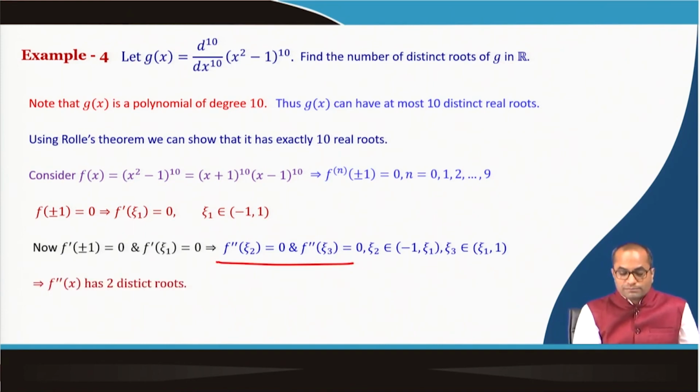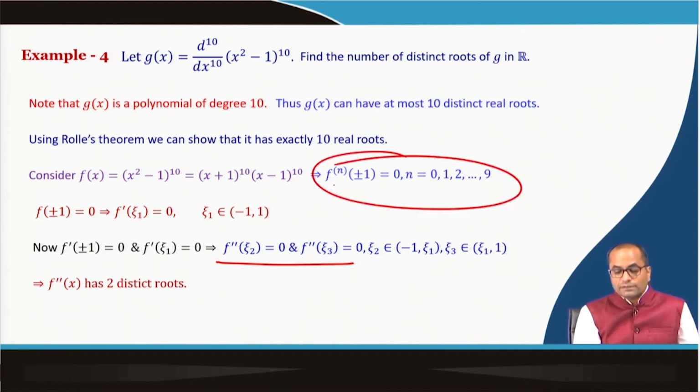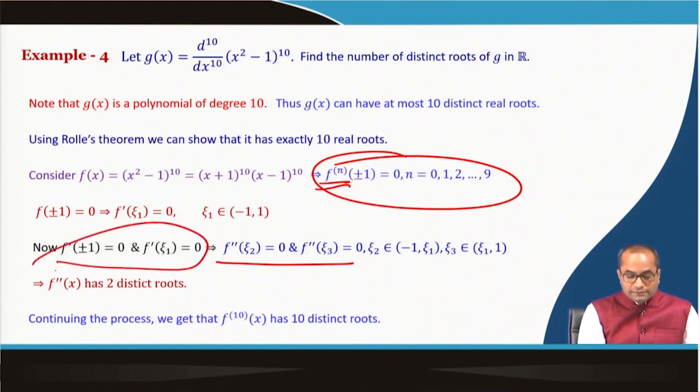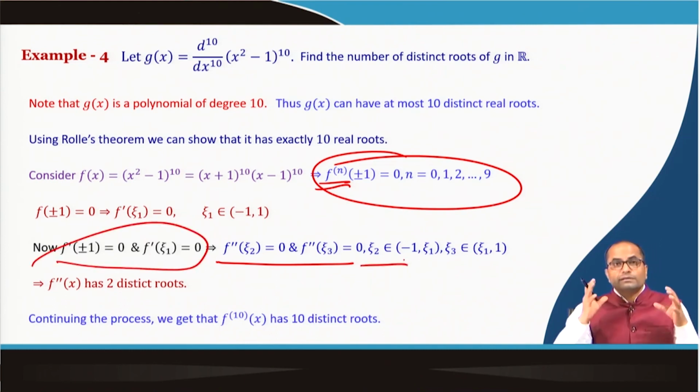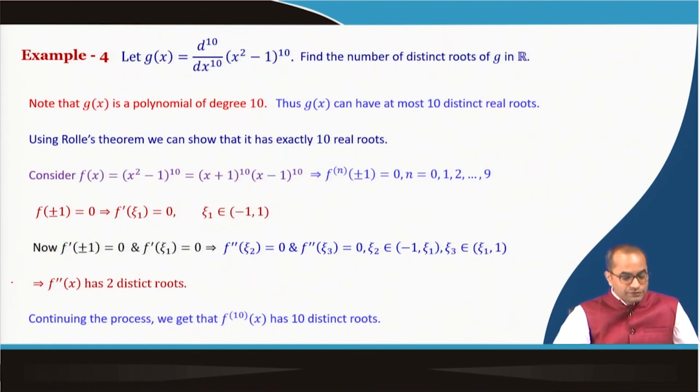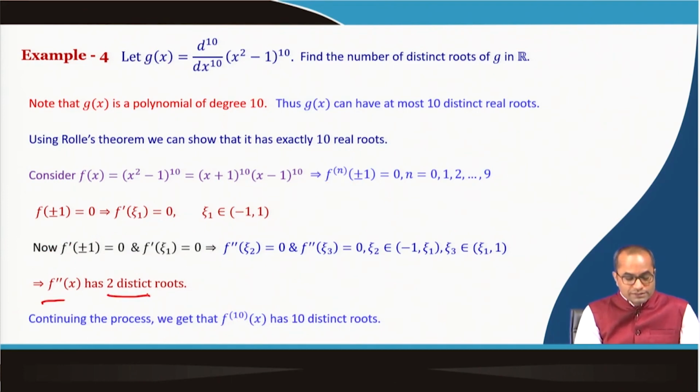We continue this because we have f up to the 9th derivative being 0 at plus and minus 1. So, we can continue that, and in the last step we will realize that the 10th derivative has 10 distinct points, because with the same argument we continue: the double derivative has 2 distinct points, then the triple derivative has 3 distinct points, and so on.